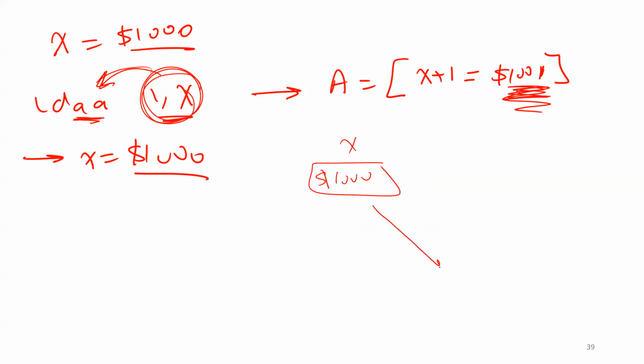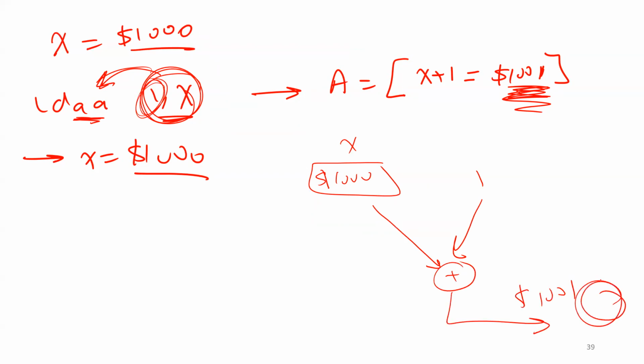I'm going to add 1 because that's what you are asking for. 1 plus X is 1001, and this will be the address I'm going to read, or the address I'm going to write to. Is that okay? But I didn't say you are going to increment X. This instruction is not going to increment X, right? That's why if X is storing 1000 before you execute this instruction, after this instruction X is still storing 1000.